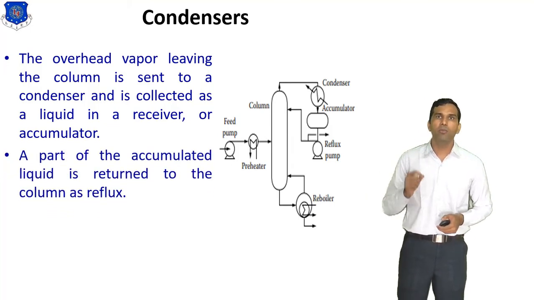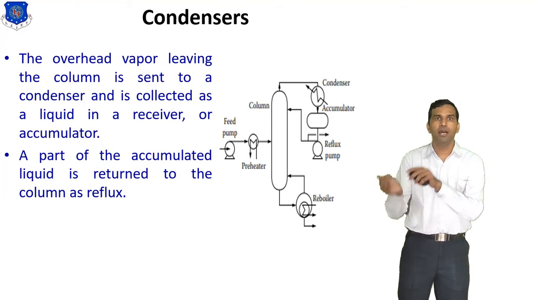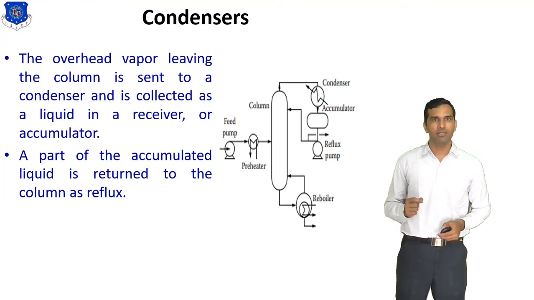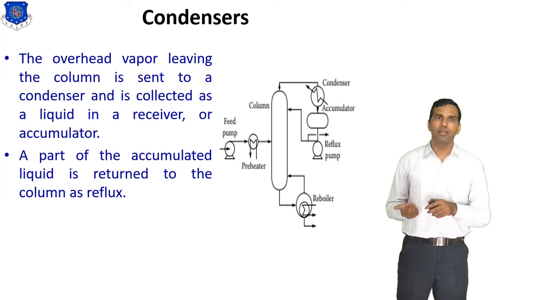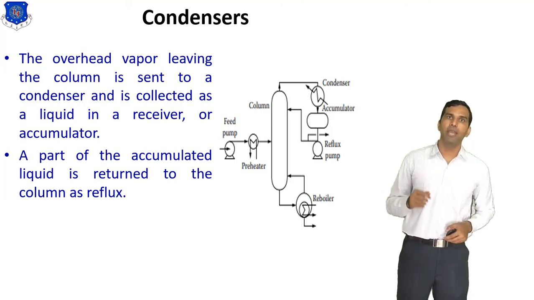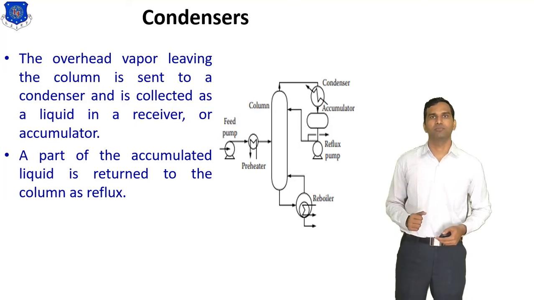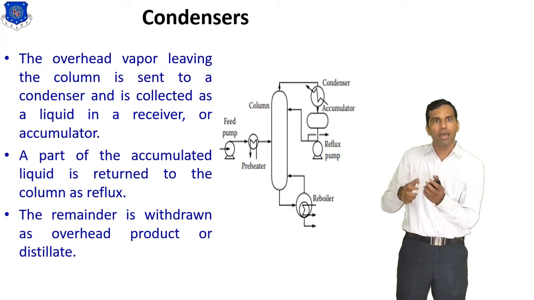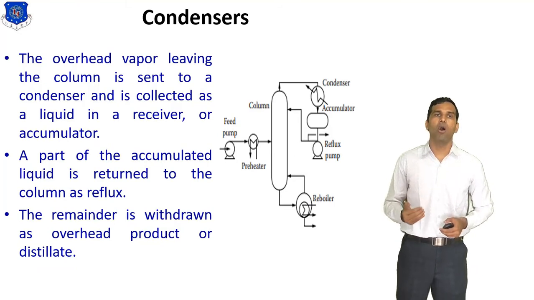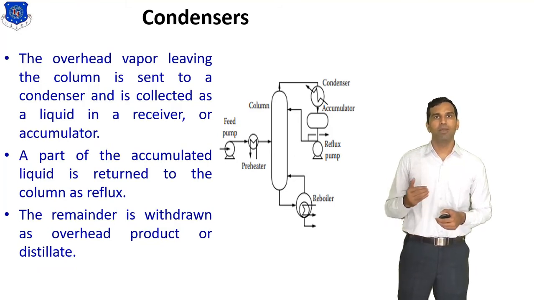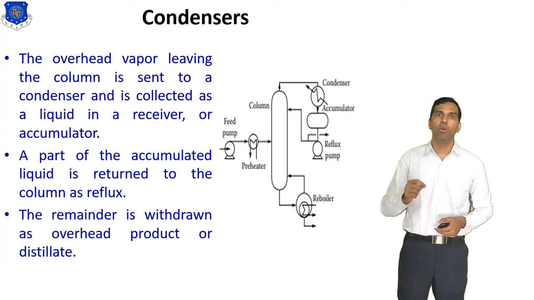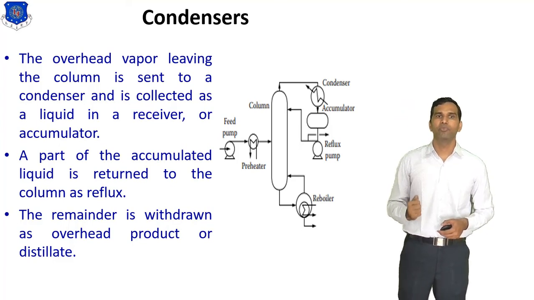A part of the accumulated liquid is returned to the column as reflux. The remainder is withdrawn as the overhead product or distillate.